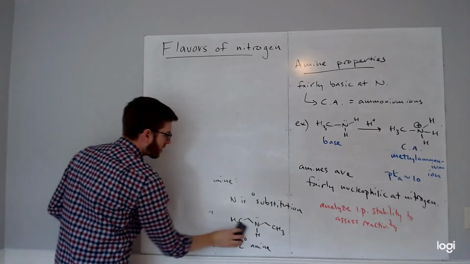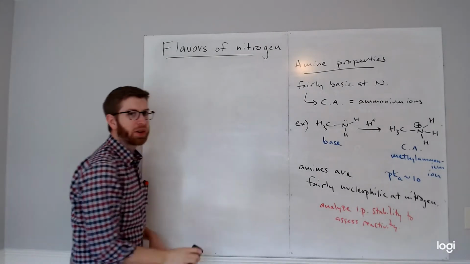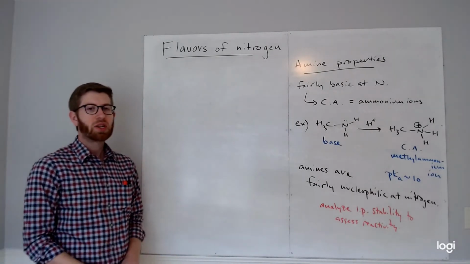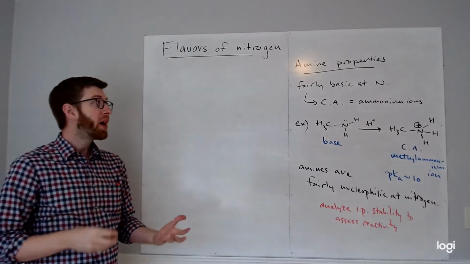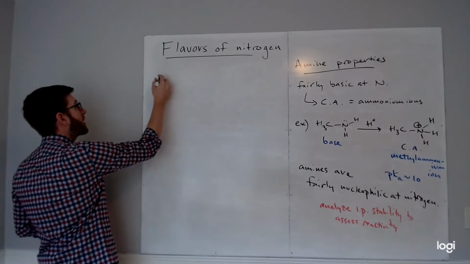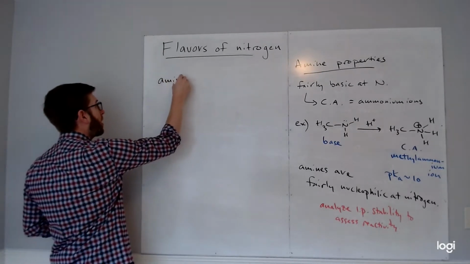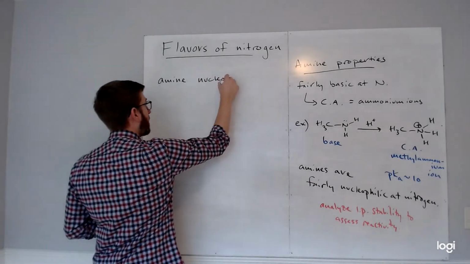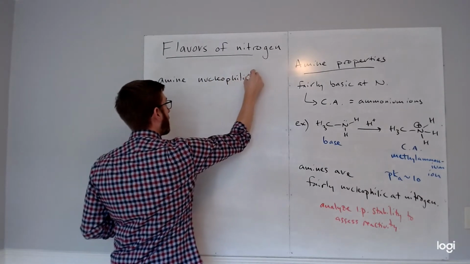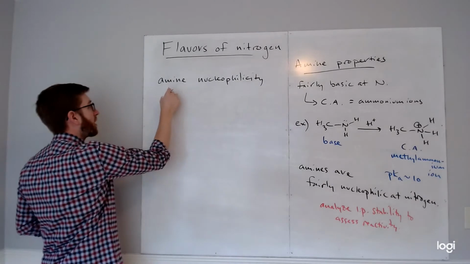As we start to add more groups around the nitrogen that are bigger than a hydrogen atom, the nitrogen gets blocked out, right? There's a lot of things that get in the way of serving these roles. So we could say that amines, and especially amine nucleophilicity, is sensitive to sterics.